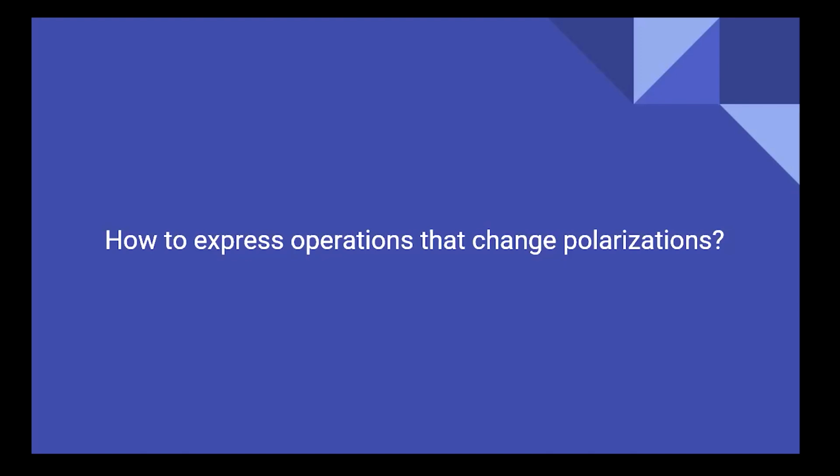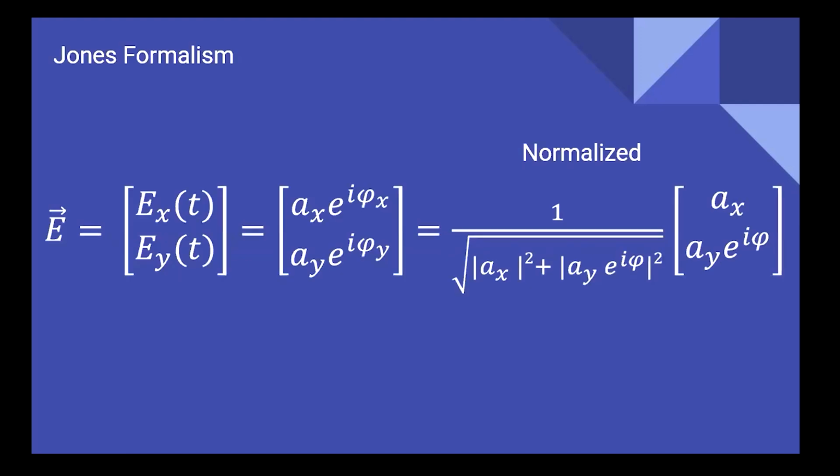So now you want to express operations that change polarizations, and maybe squashing and stretching an ellipse is a bit complicated. So we move on to Jones. No prizes for guessing what this person's name was, but his idea was very simple. Since light is propagating in the z direction, I don't have to care about the z component at all. Then all the electric fields that I'm concerned with are oscillating either in the x or y direction. So okay, great. Let me just put the expressions for Ex and Ey into this nice little stack.